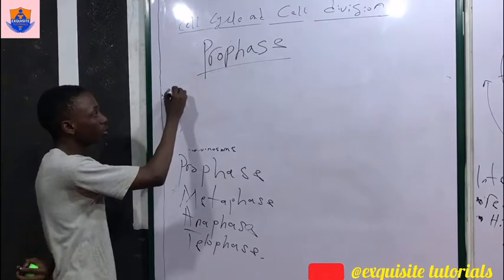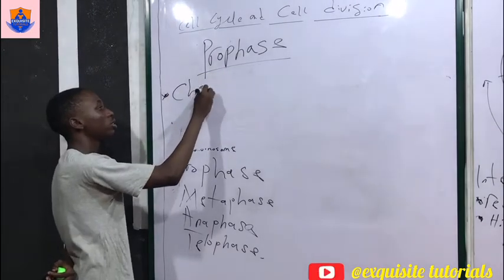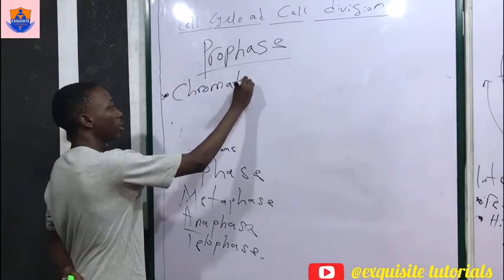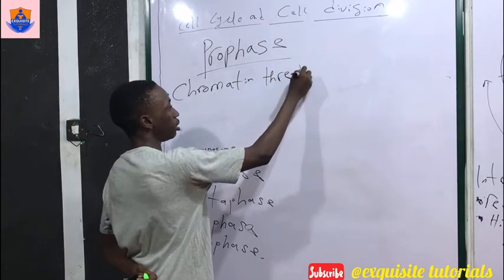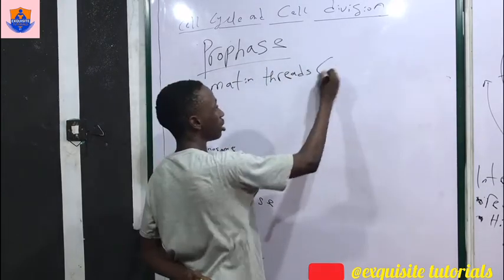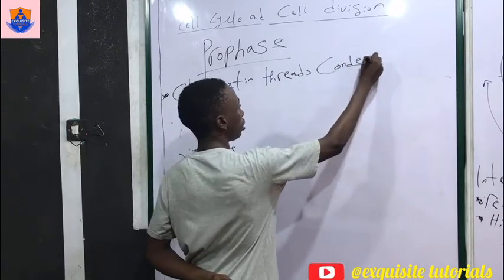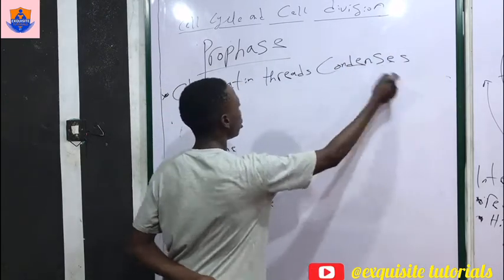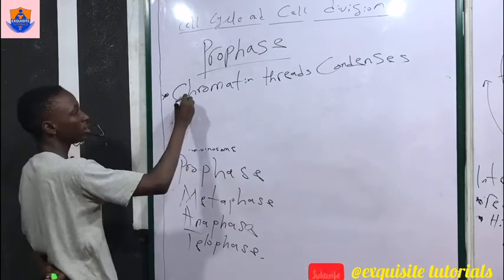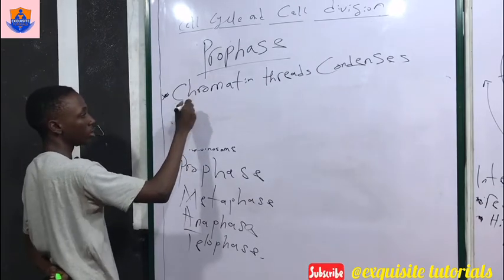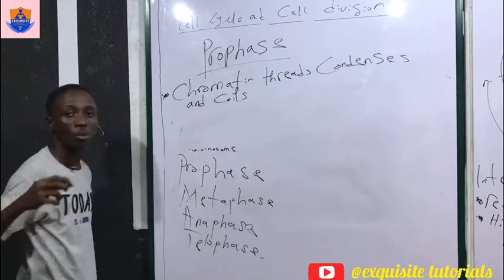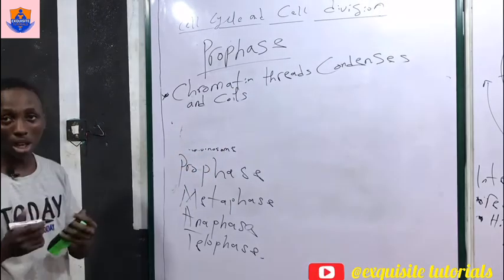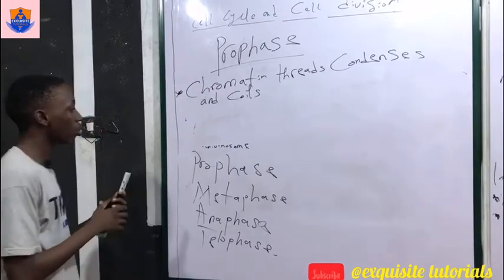Now, the chromatin threads condense and coil. Hence, they become thicker.